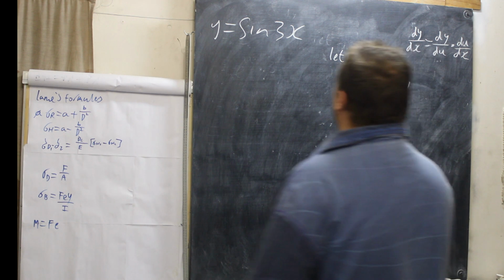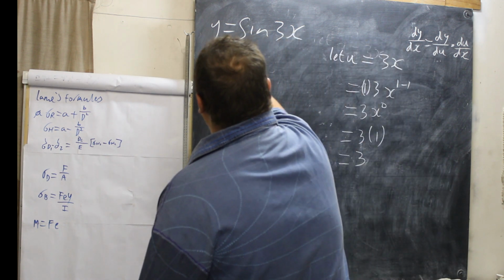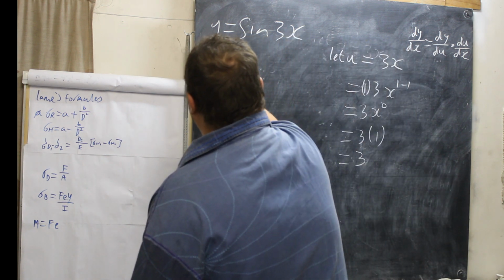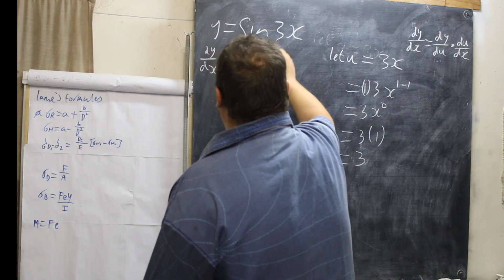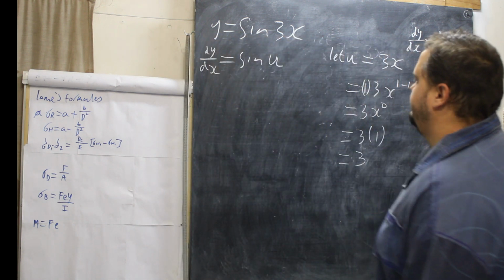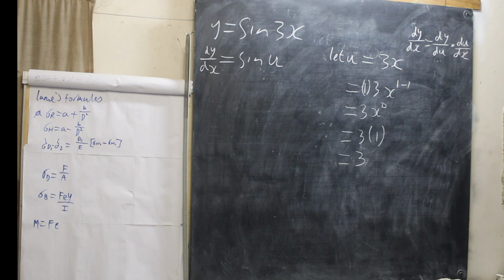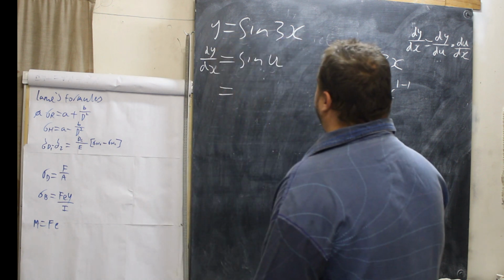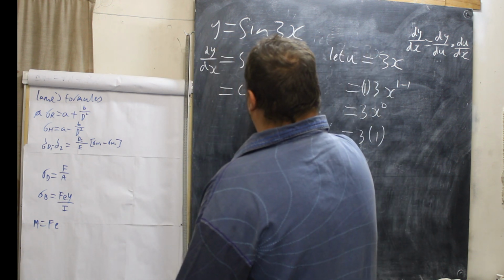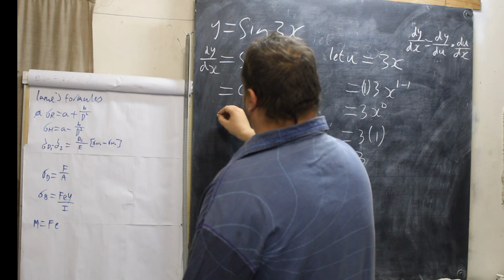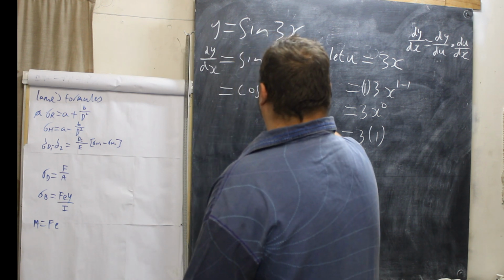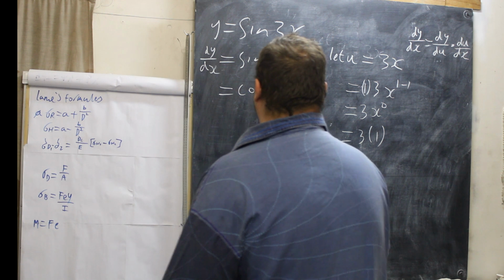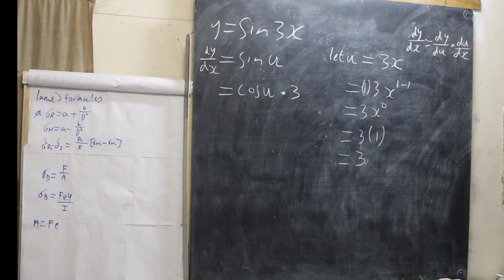Now, this equals, now, dy over dx of sine u. So now what will happen is this will become cos u multiplied by 3, because that is how the chain rule works.